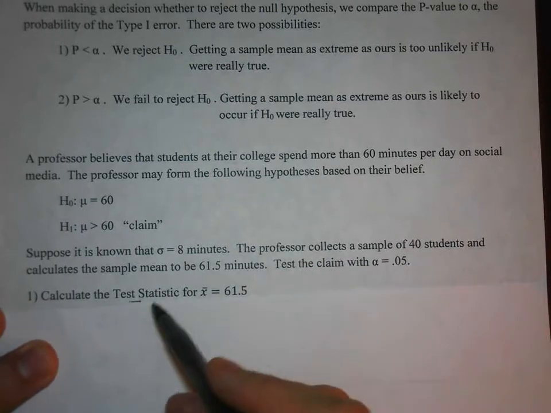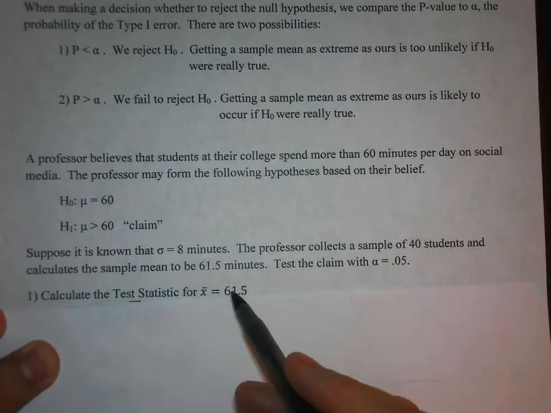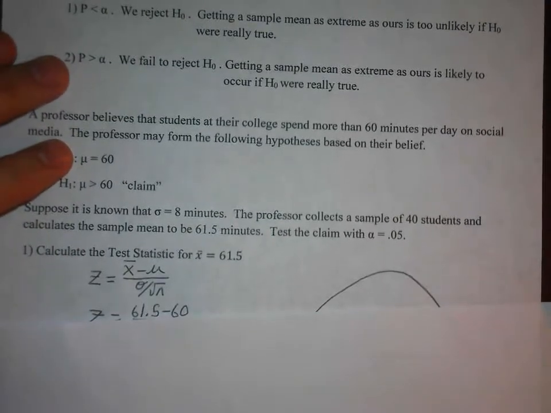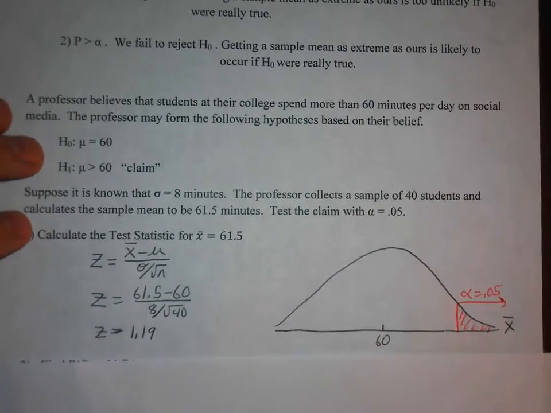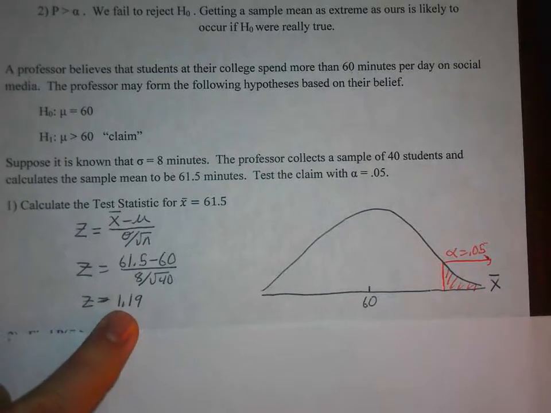So what we need to do, just like before, we're going to calculate our test statistic for x bar equals 61.5. That's where you use x bar minus mu over sigma over square root of n. And we end up with a test statistic of 1.19.